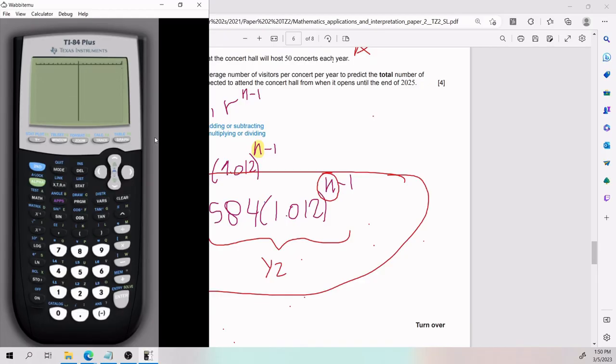I'm going to go ahead and graph. Now, usually when you graph, you're not going to end up with the two lines actually showing up, because, well, that's life. So you do want to go to zoom, and sometimes zoom fit, which is zoom 0, will make them appear. So that is usually my first go-to.